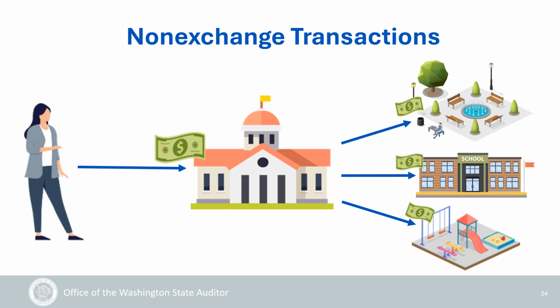The government is using our tax dollars to provide a benefit to the public, but there's not a direct correlation to what services you receive by paying your taxes. For example, the amount of property taxes you pay doesn't affect how fast the fire department will respond to your house fire. So we call these non-exchange transactions.